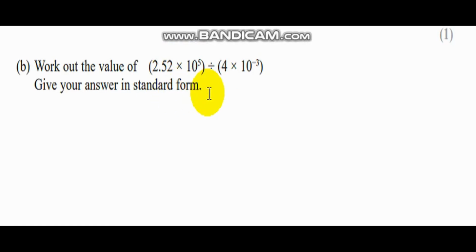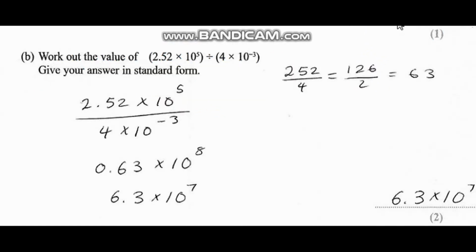The fraction format is easier to simplify. Okay, look at this now. I have written it in fraction format, 2.52 times 10 to the power 5 over 4 times 10 to the power minus 3. I'm going to forget about the power part now and the decimal also.